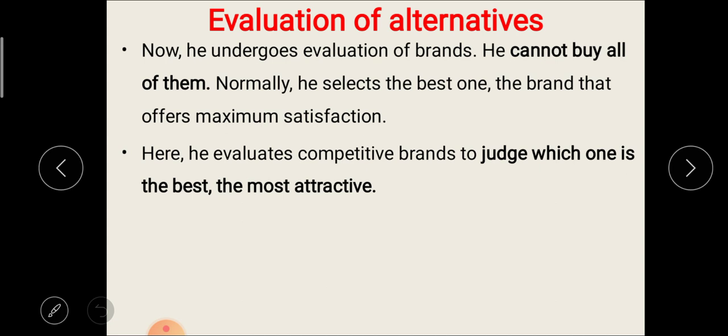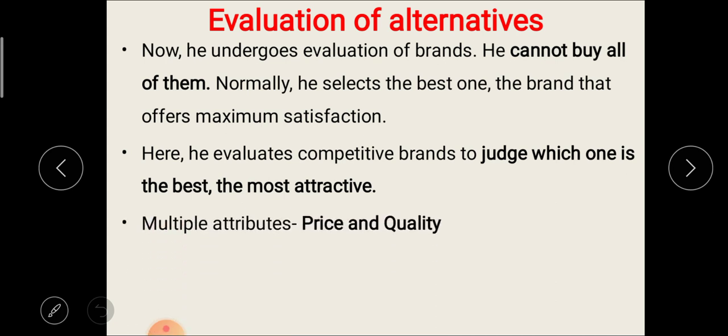That means whatever alternatives are available, the consumer selects the best among them, and also selects the brand which offers maximum satisfaction to him. Okay, also the consumer evaluates the competitive brands to judge which one is best and most attractive.